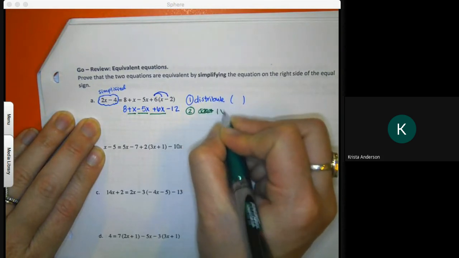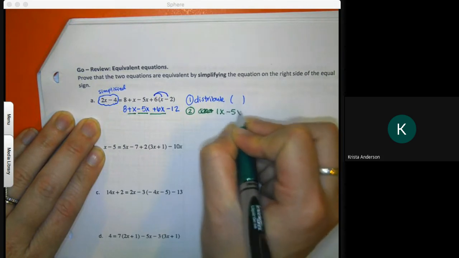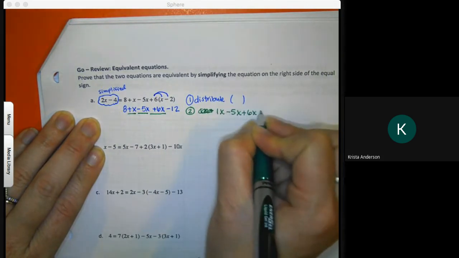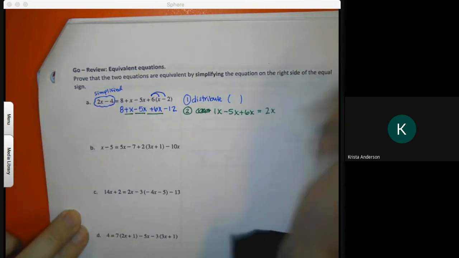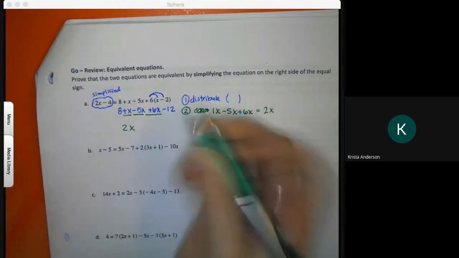It's a 1x minus a 5x and a plus 6x. What does that equal when I combine those all together in my head? 1 minus 5 is negative 10. What? No, 1 minus 5 is negative 4. Negative 4 plus 6 is 2x. Yes, 2 x's. So I would have a 2x.